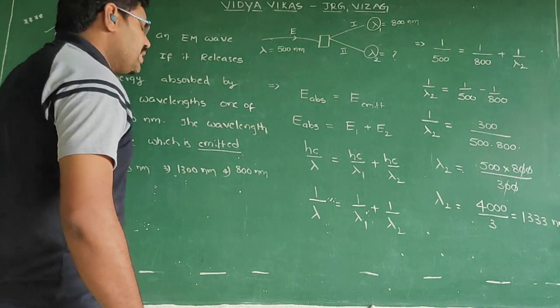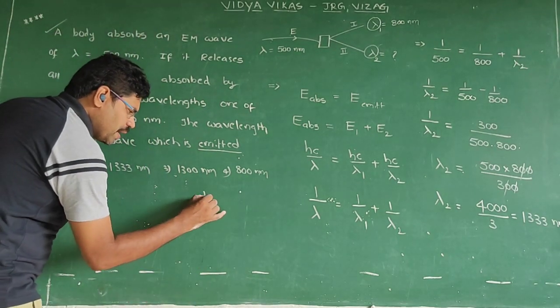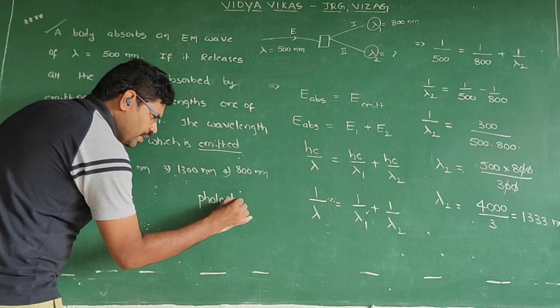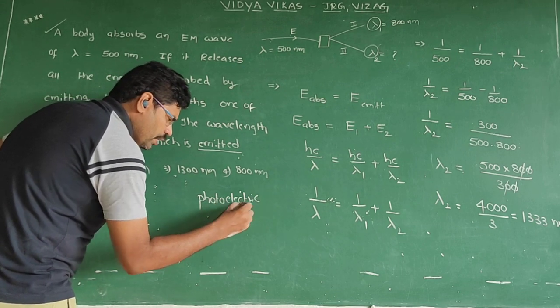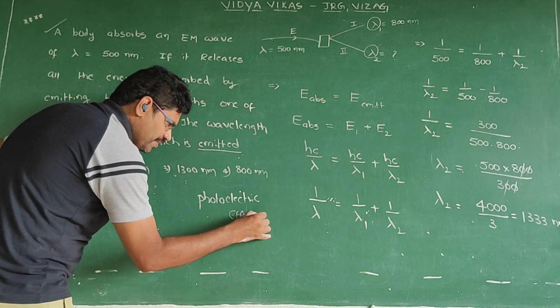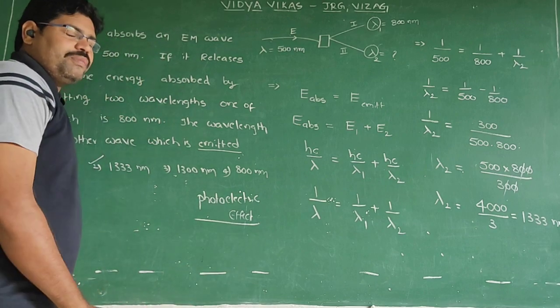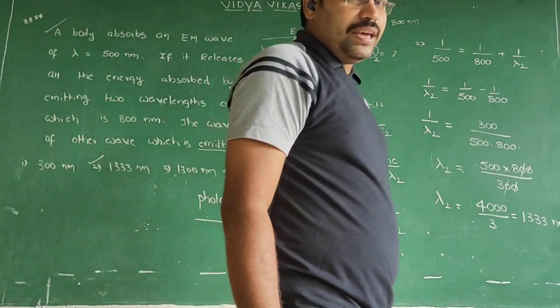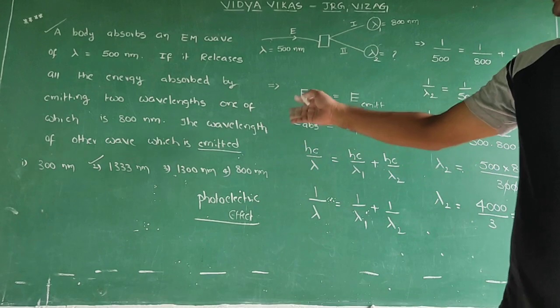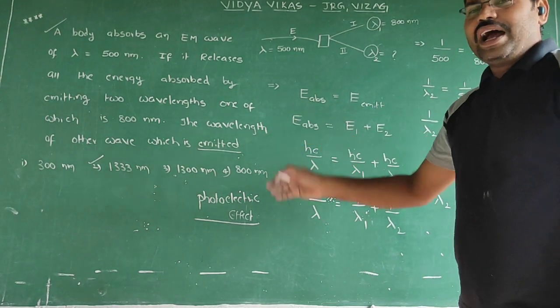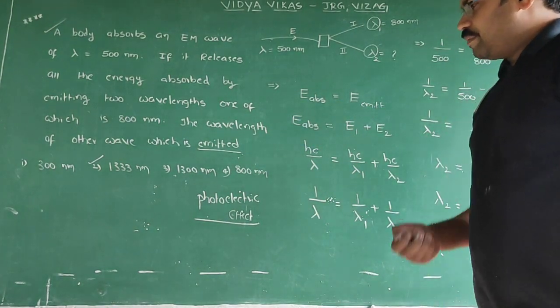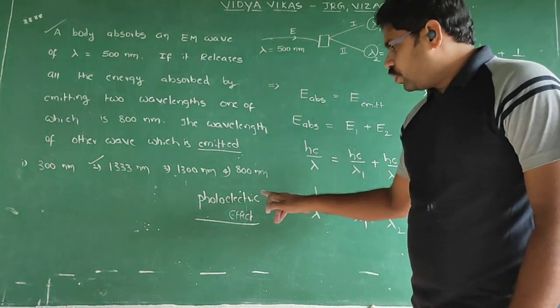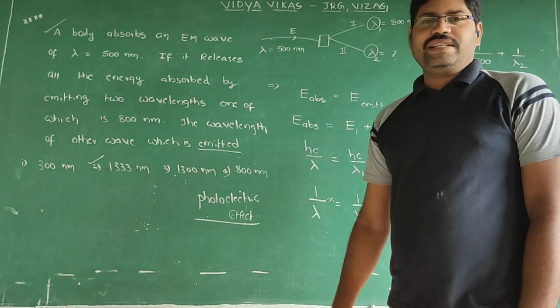Students, in my next class, I am ready to explain another most important topic, photoelectric effect. Just await my next class. Tomorrow's session I bring some more important topic, photoelectric effect, dear students.